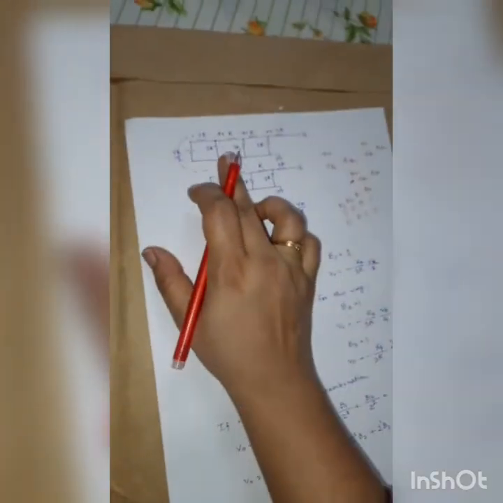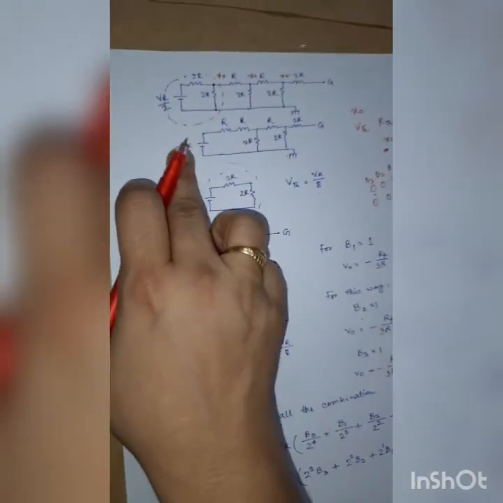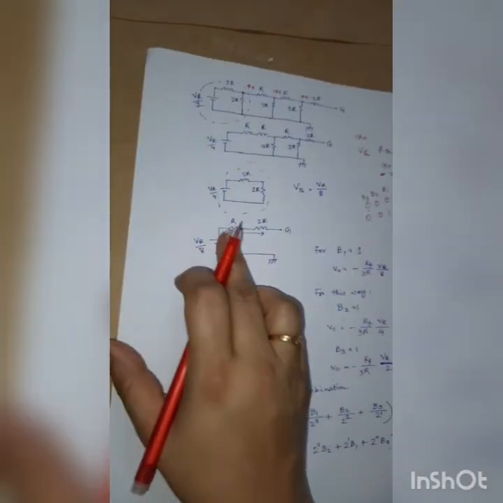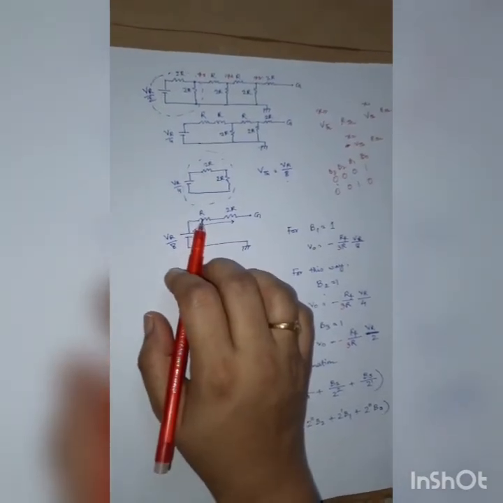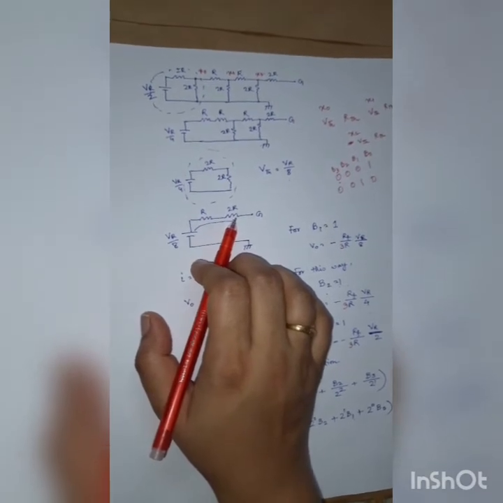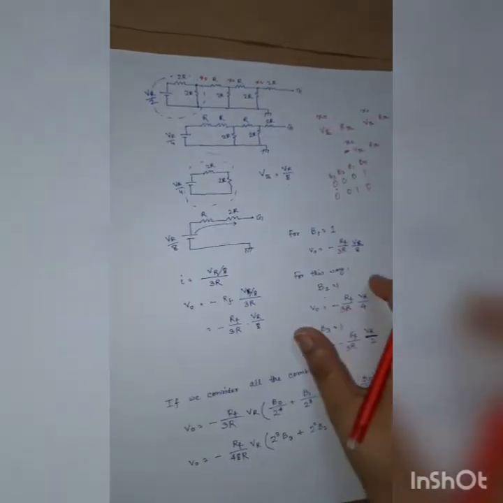So after this circuit, it will come to VR by 4, then here it will be VR by 8. So it will be VR by 8 up to this, and the equivalent resistance will be R, and then it will be in series with 2R before G, so it will be 3R.